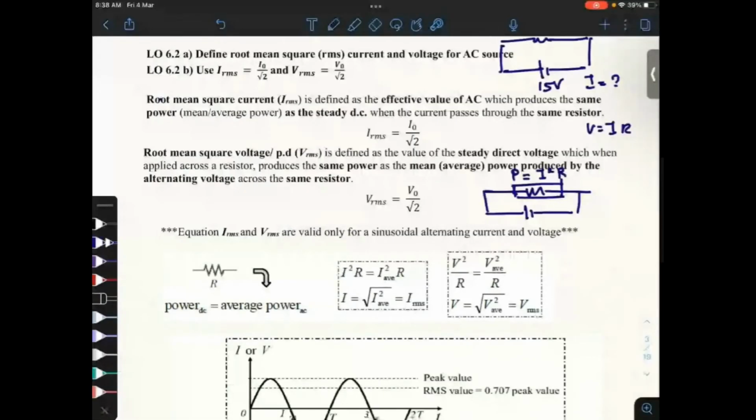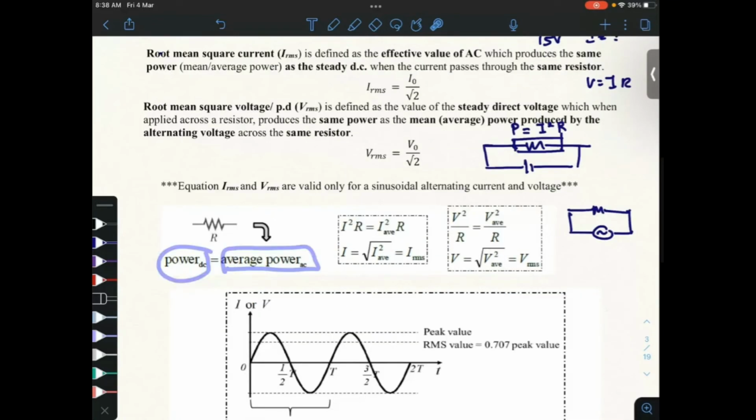If you take this resistor, you connect in the AC circuit, nilai power yang kamu dissipate dekat sini untuk DC akan sama in the AC when you use the average power. Power in the DC akan sama dengan average power in the AC.